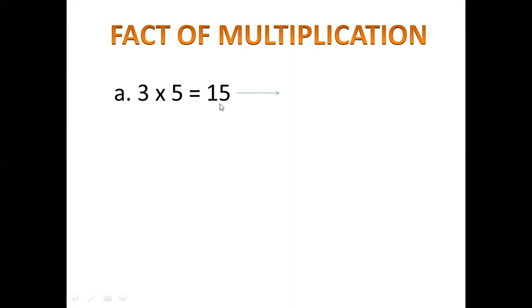That if we multiply 5 times 3, that is also equal to 15. 3 times 5 and 5 times 3. If you do it inverse also, the answer is going to be the same. Okay, always remember, if you inverse these two numbers here and there, the answer is going to be the same.